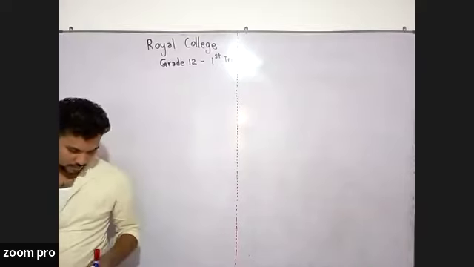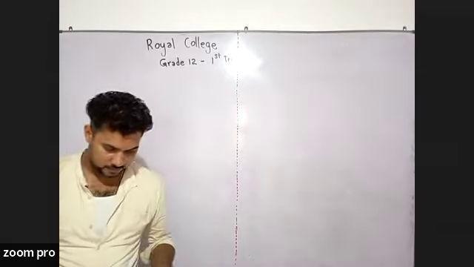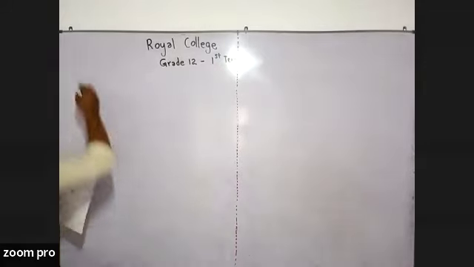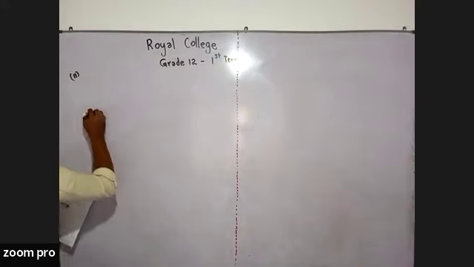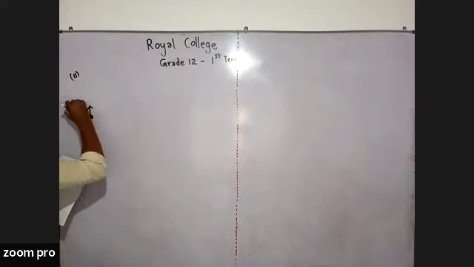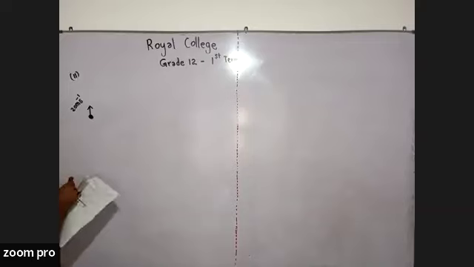Right. So in the 11th question, an object named A is projected vertically upward with a velocity of 20. After 4 seconds, another object named B is projected vertically upward from the same position with the same velocity, right?